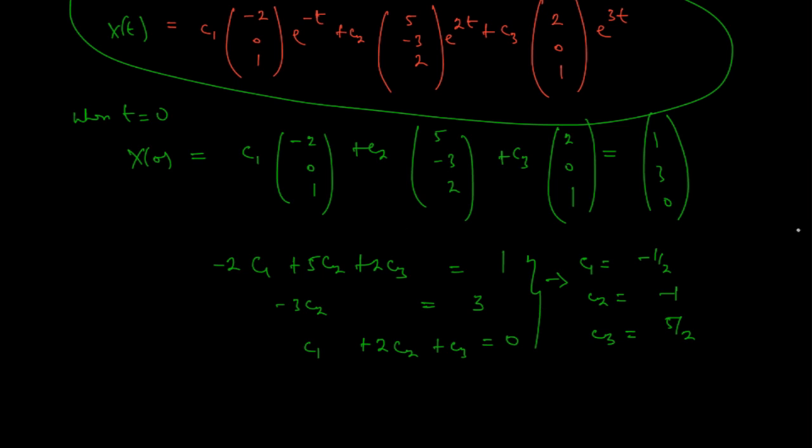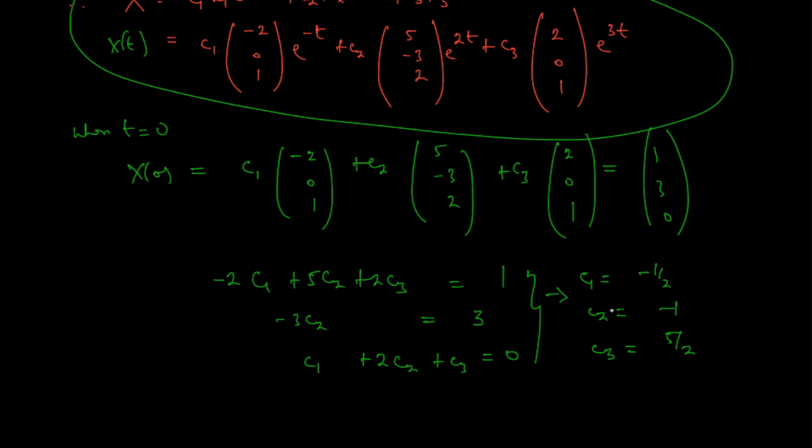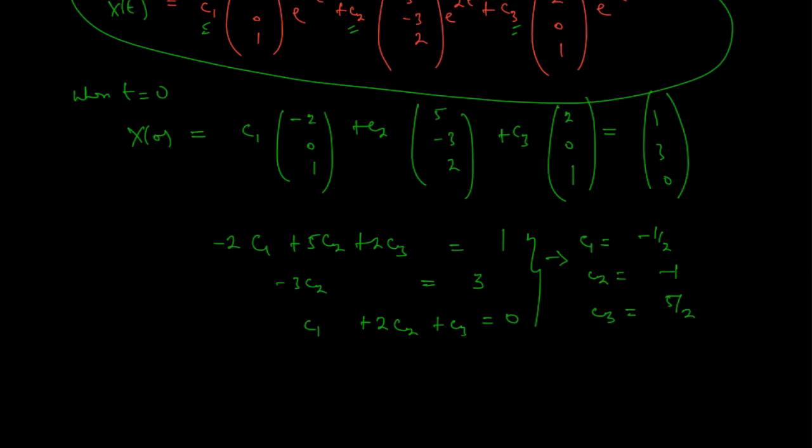So we have been able to find c1, c2, and c3. I'm going to substitute these into the general solution, so we do not have arbitrary constants in our solution anymore.